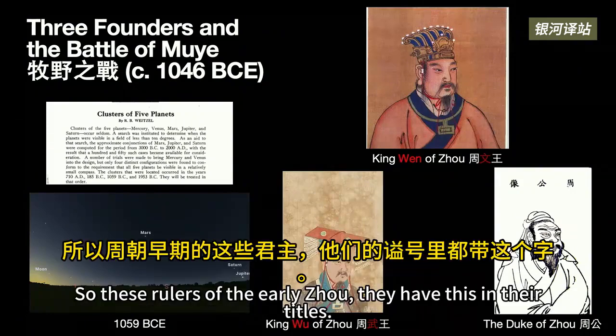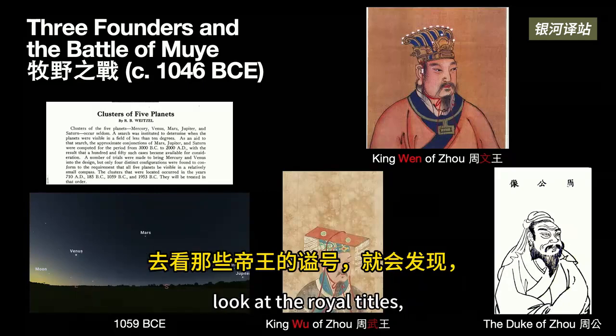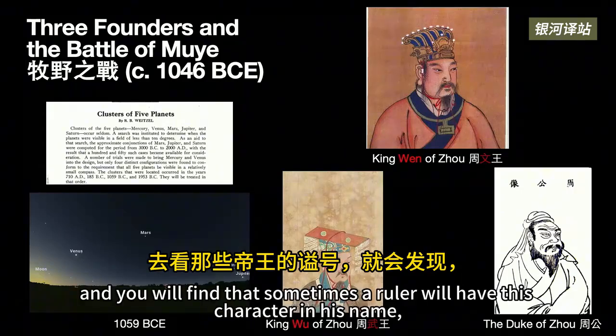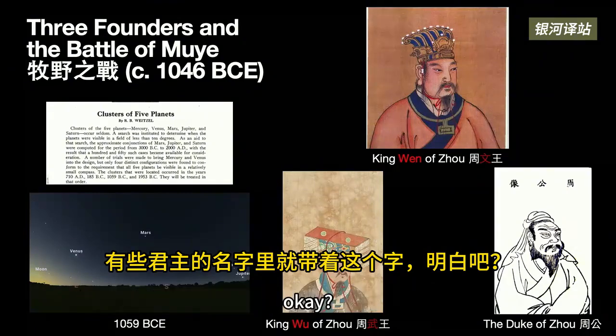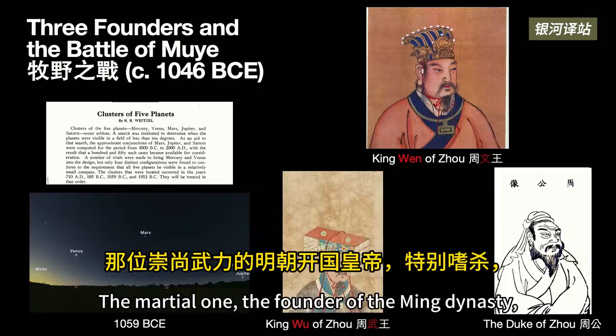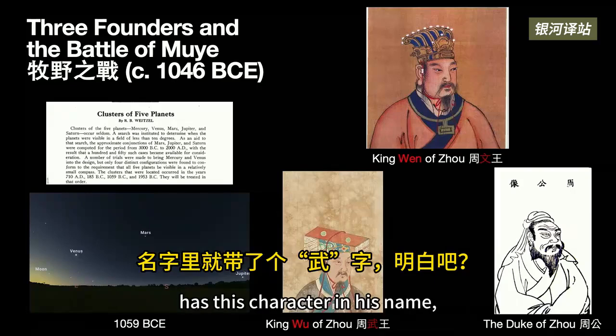Okay, so these rulers of the early Zhou, they have this in their titles. Why this is so important is that when you go across time in Chinese history, look at the royal titles, and you will find that sometimes a ruler will have this character in his name, okay? The martial one, the founder of the Ming Dynasty, who really loves killing people, has this character in his name, okay?